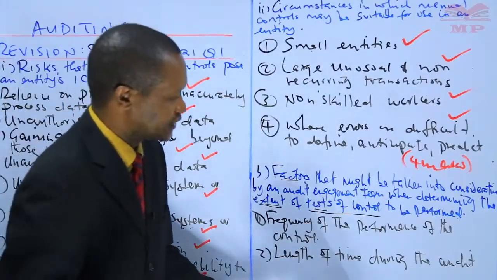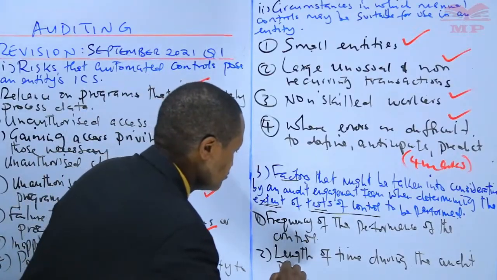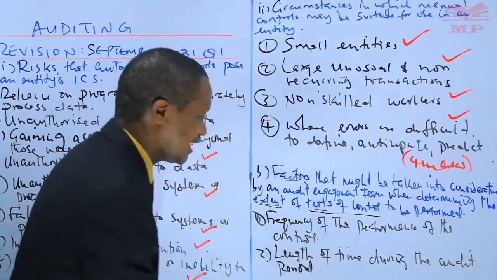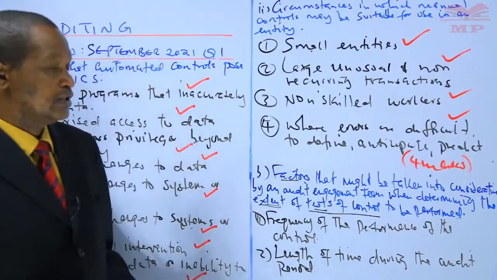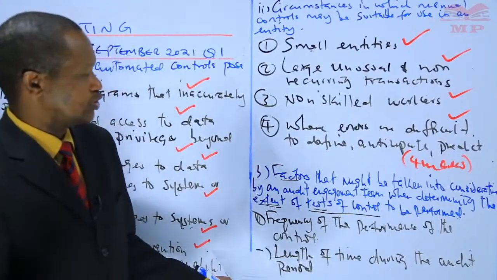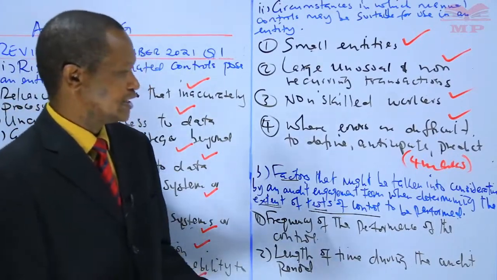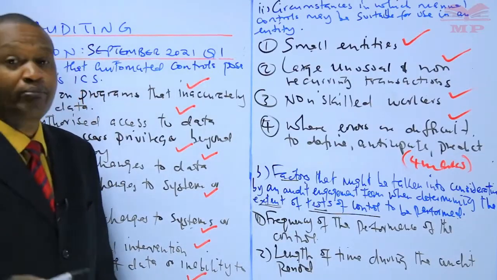What is the length of time during the audit period? Time is a factor, candidates. That is a factor that will be taken into consideration by an audit engagement team when determining the extent of tests of control to be performed.